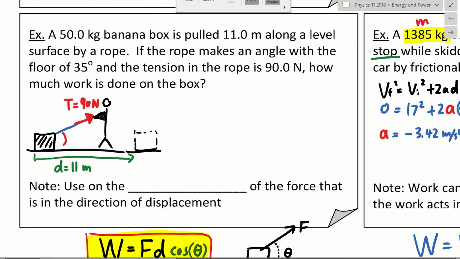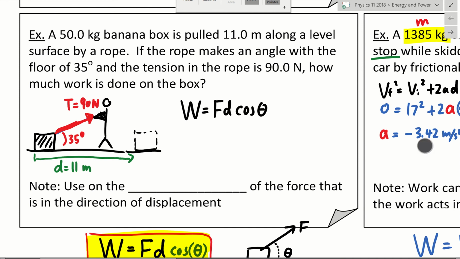And the force makes an angle of 35 degrees. And that's it. You have everything you need to do this question. So you have the force, the distance, and the angle. Once you have all those three things, you can use this equation to find the work done.